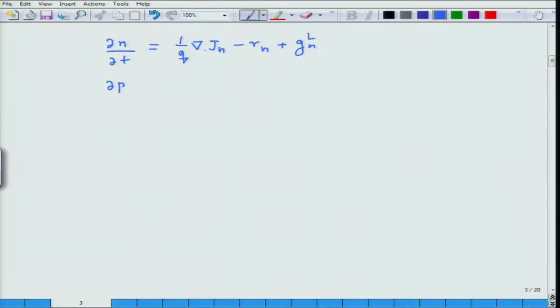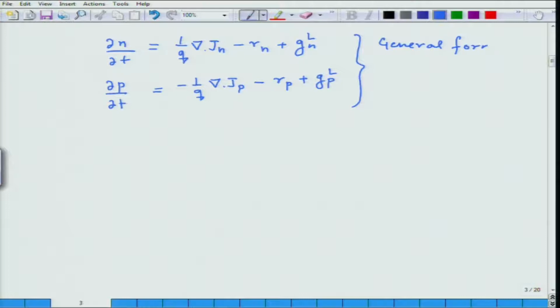The counterpart for holes will be written as del p del t equals negative 1 over q gradient of the current density due to holes, minus a thermal RG process term, plus G p. So, this is my general form for the continuity equation, which is a simplified form for optoelectronic devices.